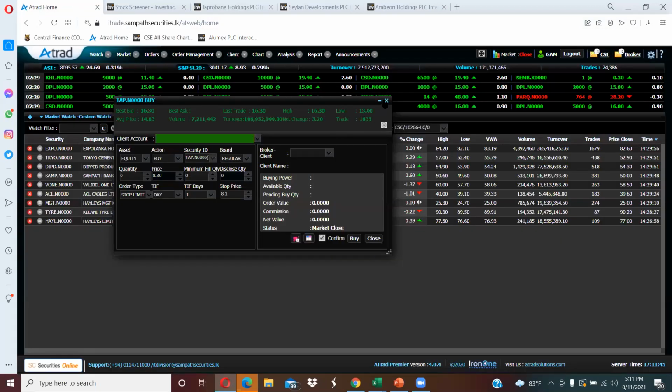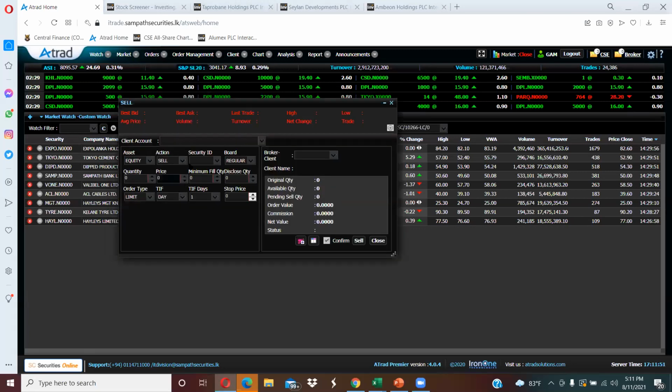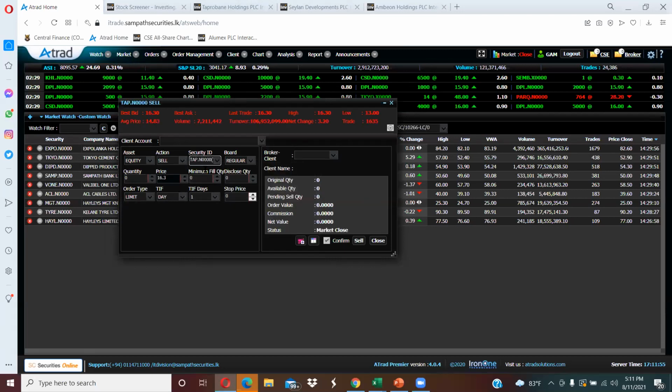You go to the sell order. The stock is Taprobane. Once you pick up the security, you go to the order type and change it to stop limit. Now it's a sell stop limit order.